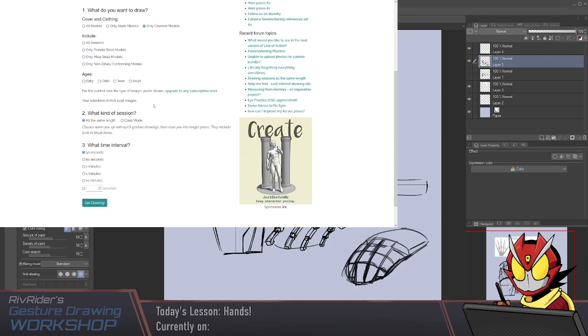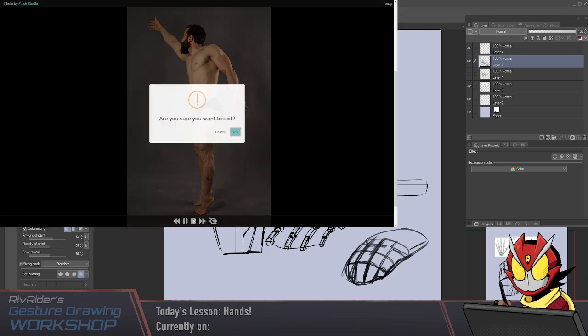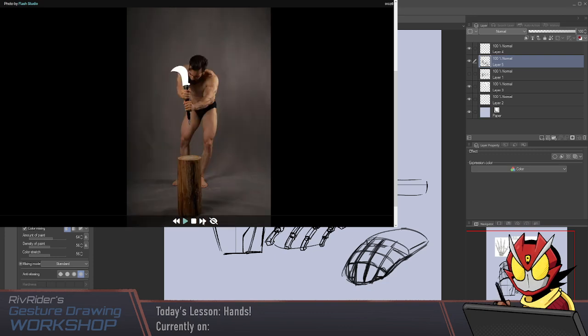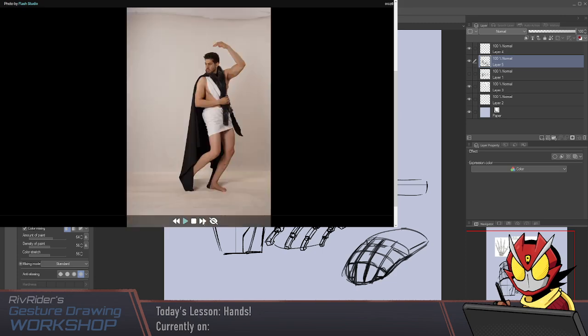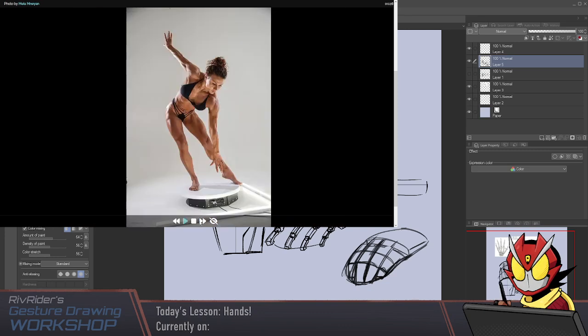All right. Let me get a good hand model. Let me break down drawing a... let's get a different one. I want a hand with a lot of gesture.